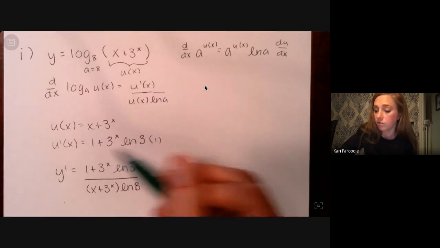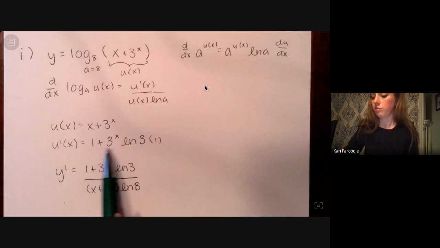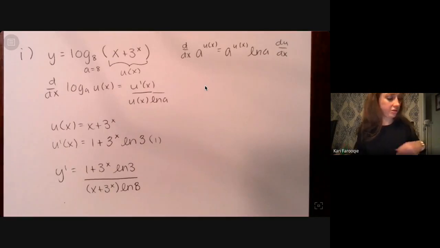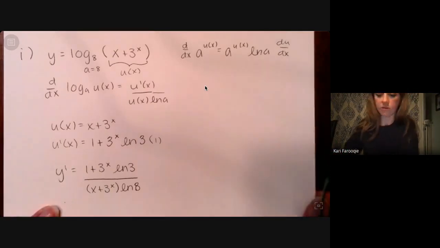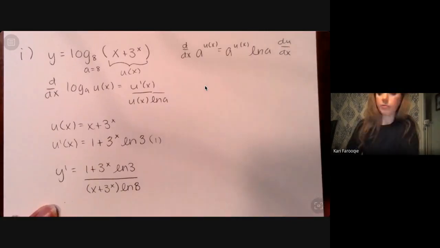So you don't want to put parentheses there. So 1 plus 3 to the x times ln 3. I want to make sure everyone understands the use of parentheses. Okay, so that was I. We'll use this rule again in J with the product rule.